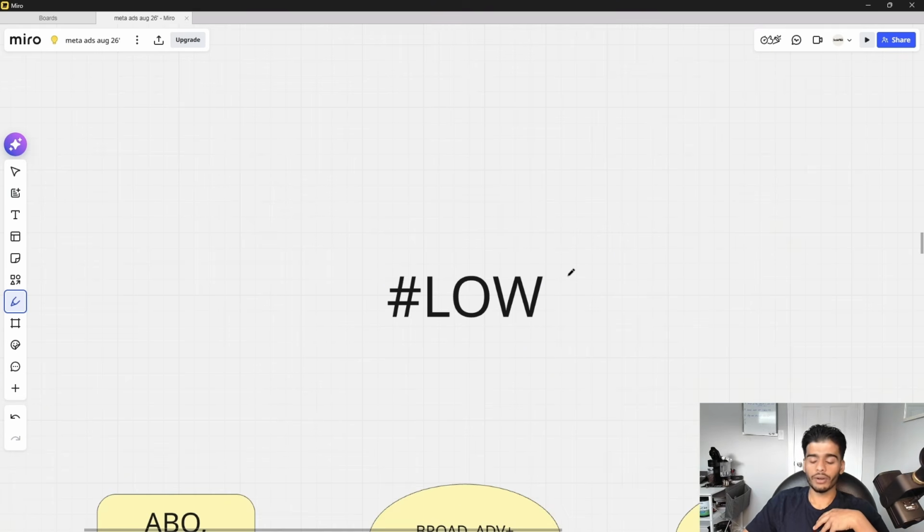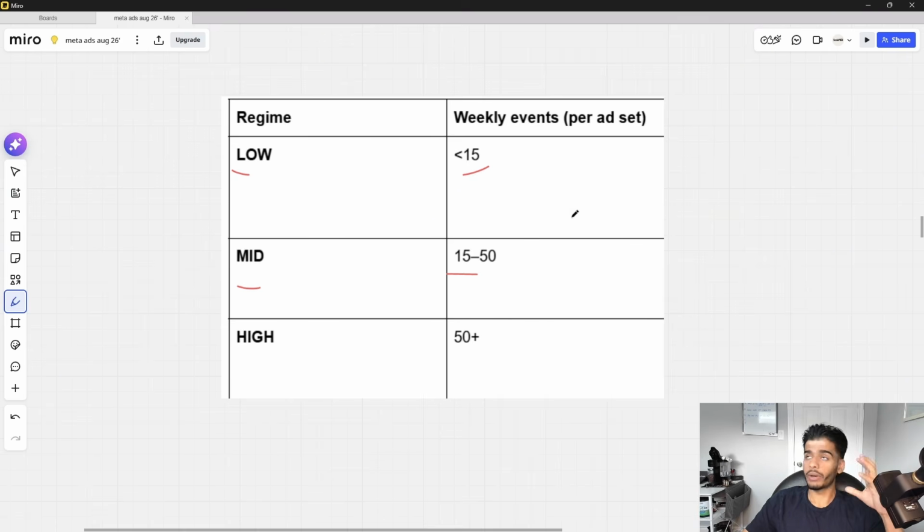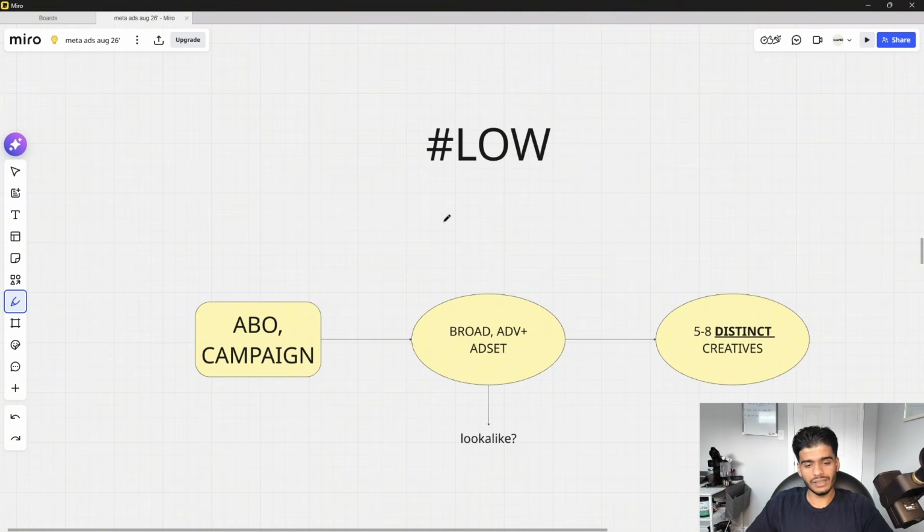Let's see how I would run ads, and how you should run ads, if you are in the low tier, meaning you have less than 15 events a week and you are at 1 to 3 times target CPA with your budget. So this is the account structure you would use, and I use for lower level clients and low budget campaigns. You are gonna have an ABO campaign and a broad Advantage Plus ad set, and within it 5 to 8 distinct creatives, meaning not variations.